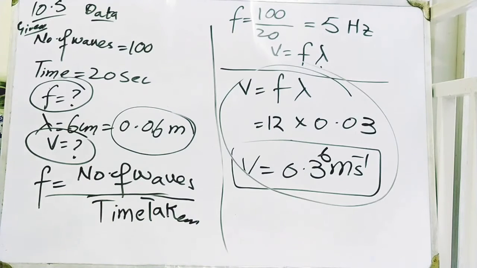I am not going to solve 10.7 and 10.8 because these are very lengthy and in parts, but also very easy to solve. But we are about to solve 10.9 and 10.10.